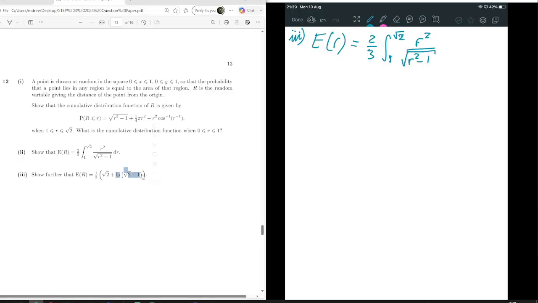First, this ln suddenly feels a bit out of place, except if you remember your integrals, you know that integrals of the form 1 over the square root of r squared minus 1 integrate into a cosh inverse, or equivalently into a ln of something plus a square root of something. So I'm seeing this, and I'm really wanting this to be 1 over. So I'm going to do something a little bit silly, and you might be shouting at me that I haven't put my dr on the end yet, because I haven't finished here.